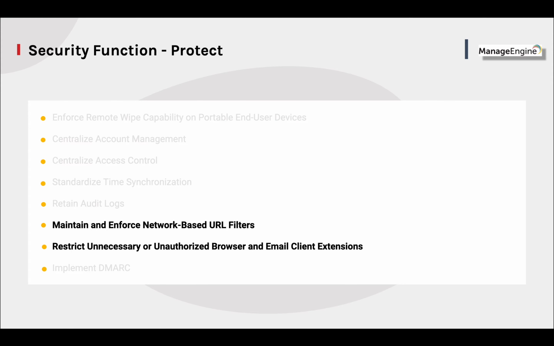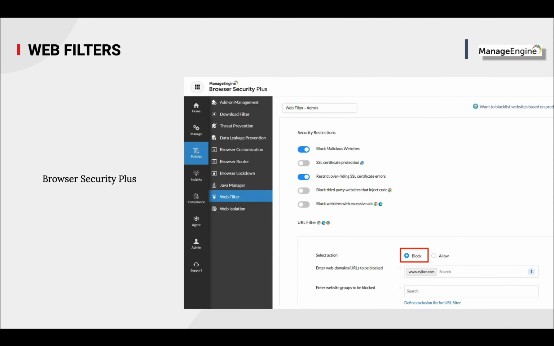Maintain and enforce network-based URL filters, restrict unnecessary or unauthorized browsers and extensions. Browser Security Plus is a way for IT admins to restrict access to websites and web applications. Browsers have become a tool that employees use on a daily basis, thanks to more and more organizations adopting a cloud-first approach.